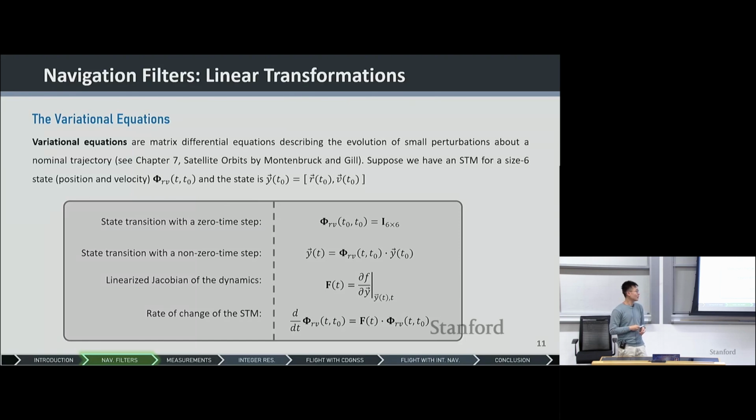So how does your state transition matrix vary over time? This doesn't sound like it makes a lot of sense right now, but it's going to be very useful later on if you want to compute your state transition matrix over an arbitrary time interval.